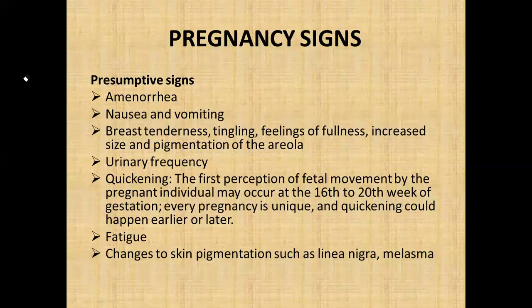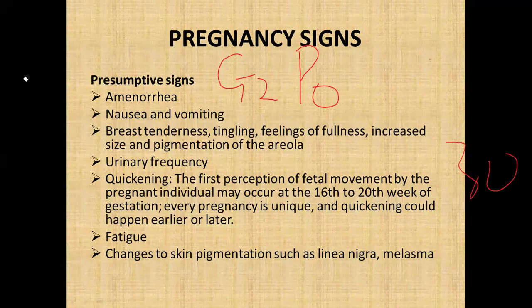So, for instance, you have someone with G2 P0. What did I say initially when I was using this as an example? I told you it means that the person has had two pregnancies, including the current one, and none of them has been carried beyond 20 weeks. It could be that the current pregnancy is, let's say, 30 weeks of gestation, but still, when they write it, they will write G2P0.